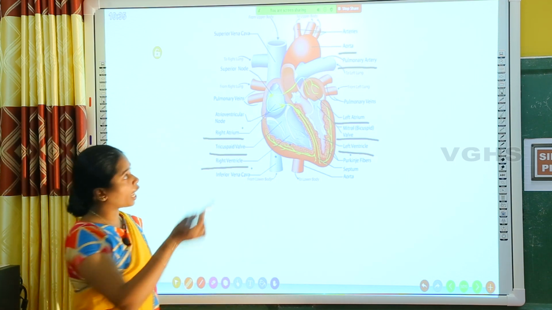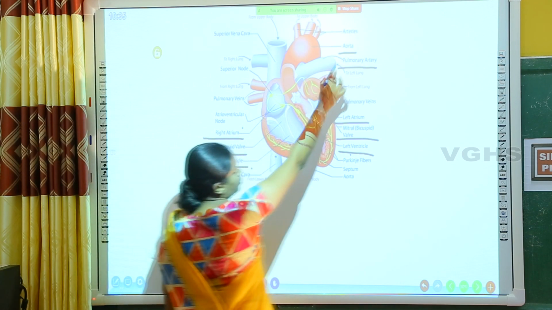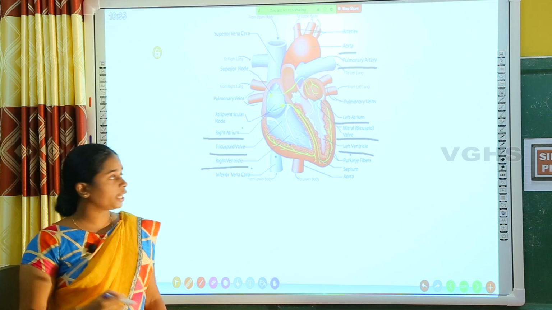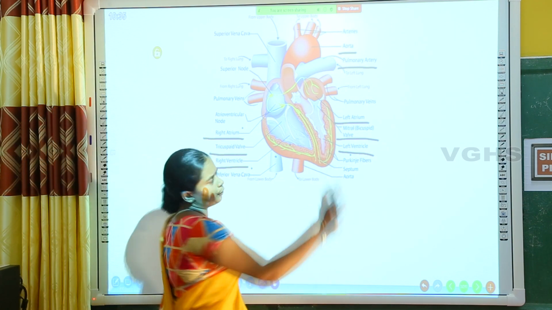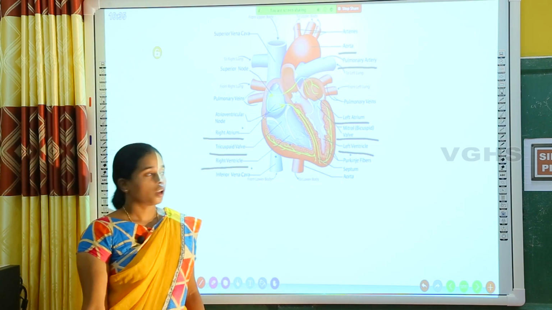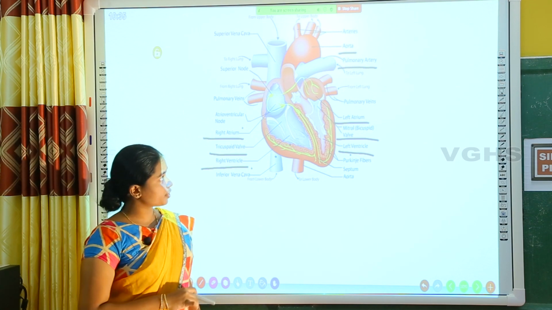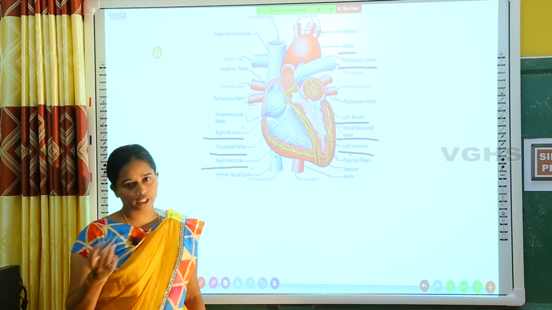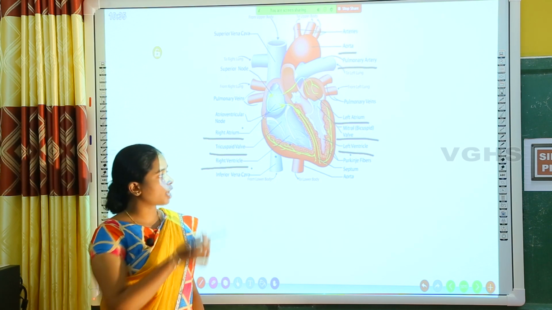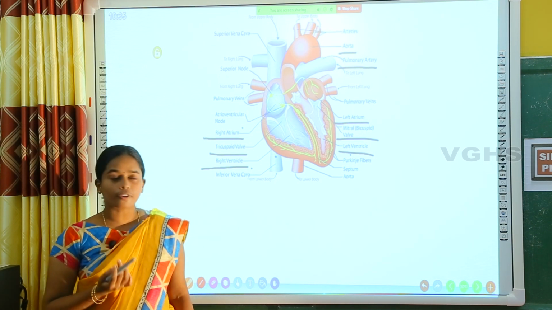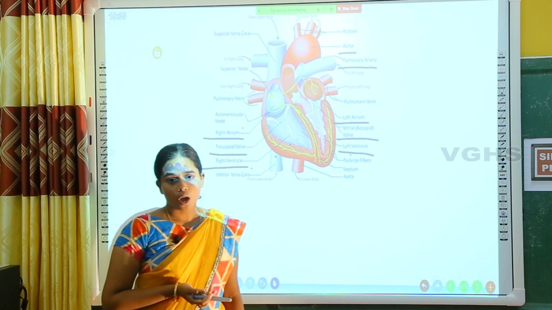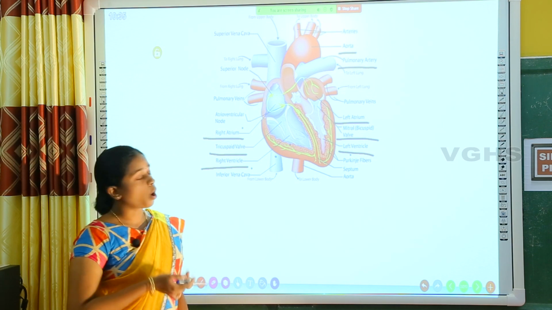Then the aorta, another main artery, starts from the left ventricle and carries oxygenated blood all over the body. Okay?